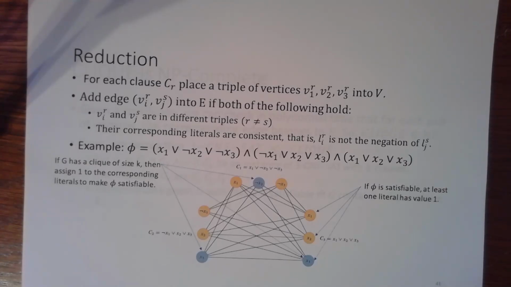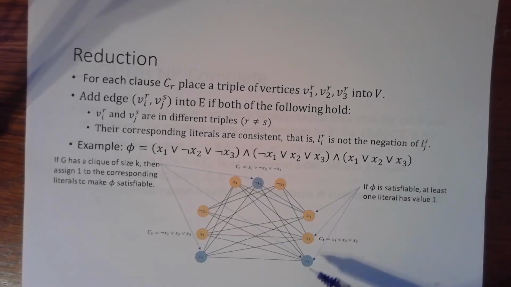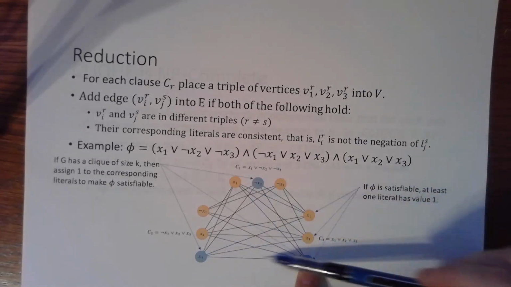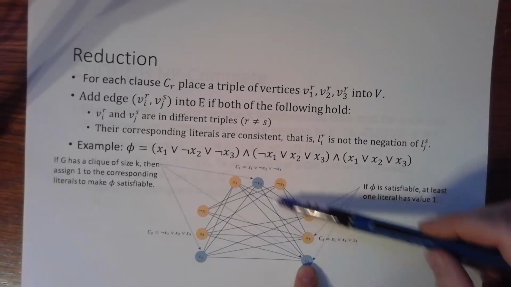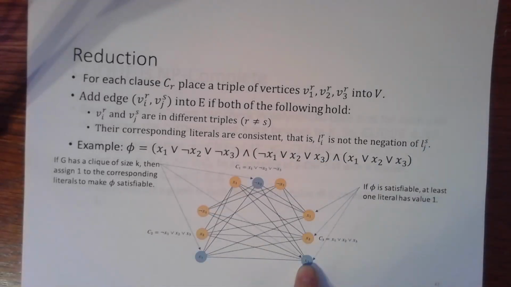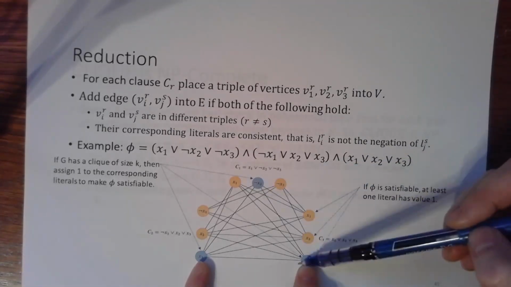And so any of the ones that are true, let's say I color them 1s and 0s, will I actually have edges between the nodes in each of the 3 groups? Can I guarantee that? Well, yes, because as long as they weren't inconsistent, I put an edge between them.